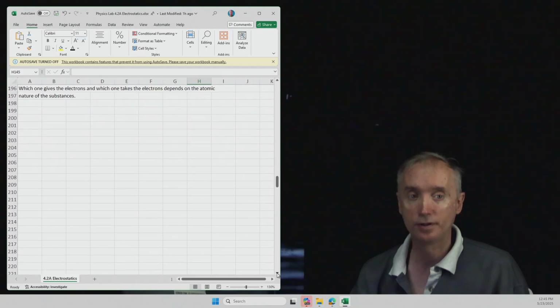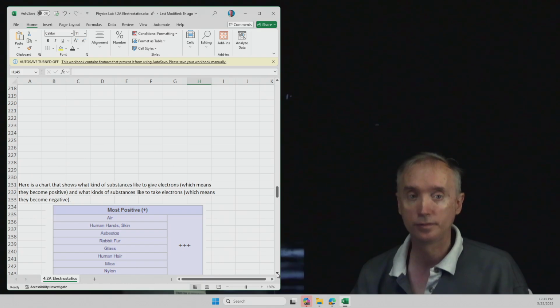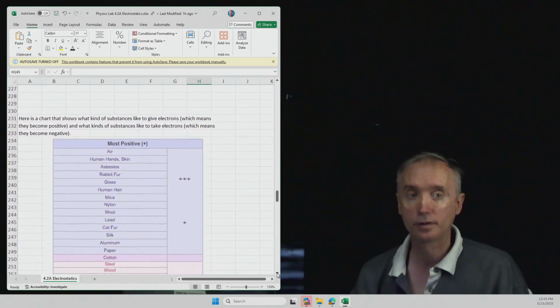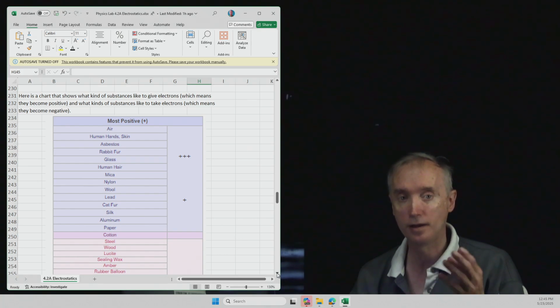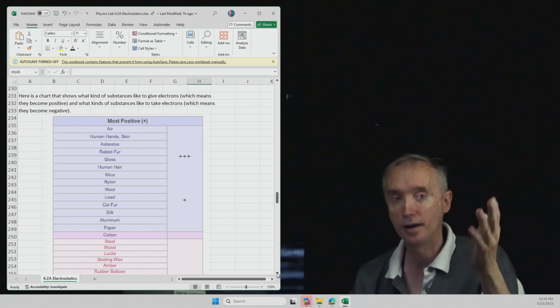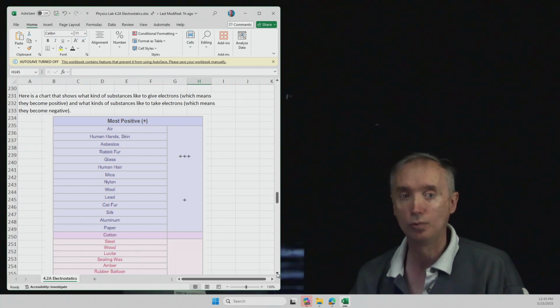So this is what we're going to mean by conservation of electrical charges. Okay, so let's go on down a little bit further here. And so I've got this chart here that shows all different kinds of electrical surfaces. So you've got paper and aluminum and iron, and it shows what would happen when you rub that substance on something else.